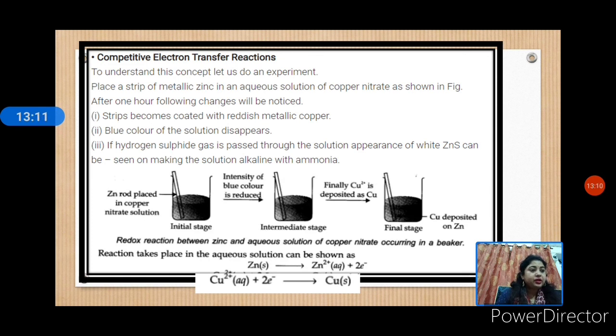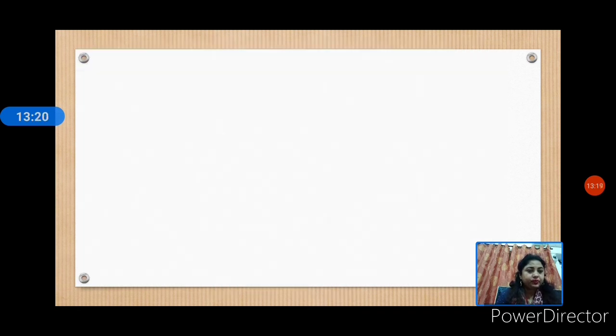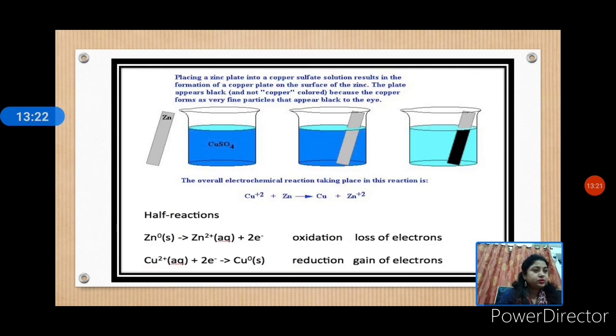The blue color of the solution decreases slowly, and finally the solution becomes almost colorless. Copper deposits on the zinc plate. Some copper settles down at the bottom of the beaker also.